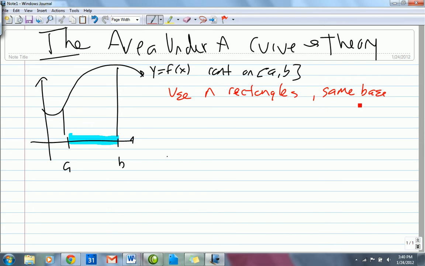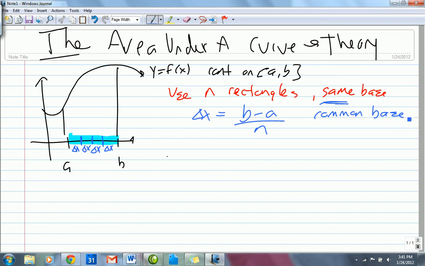Since they have the same base, note that the length of the whole interval is b minus a. If I cut that up into n subintervals of the same length, then each of those delta x's will be the length of the whole interval, b minus a, over n, the number of rectangles you're using, the number of partitions, assuming they're all the same length, which we're going to assume.